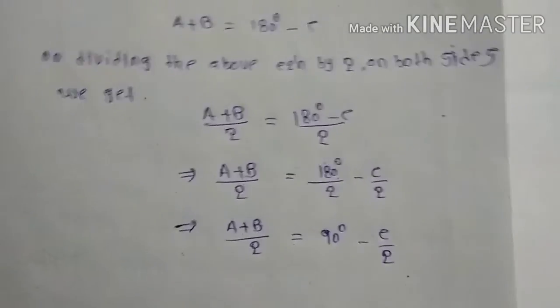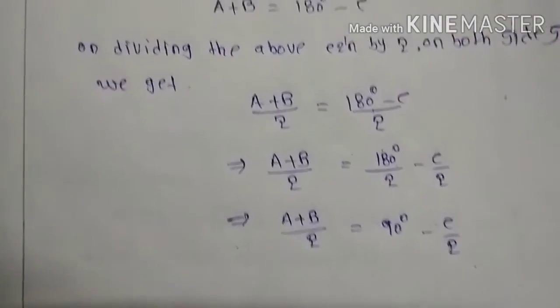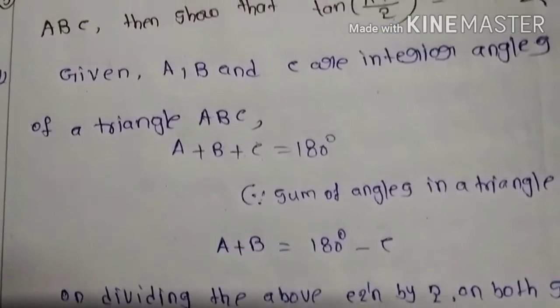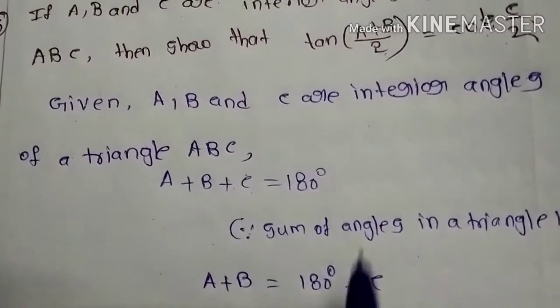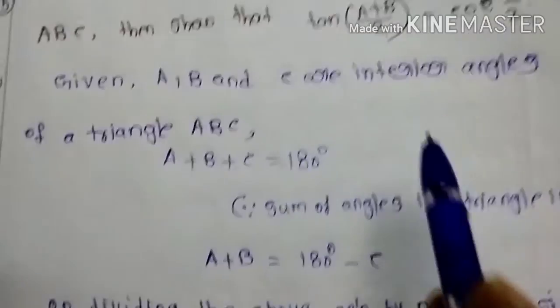See here, in the question they are asking which ratio, sine, cos, or tan. Once you see here, it is tan. On the left hand side you have which ratio? Tan only.